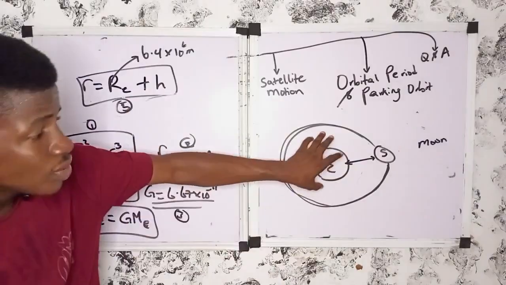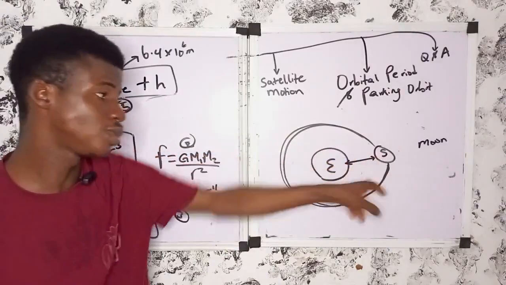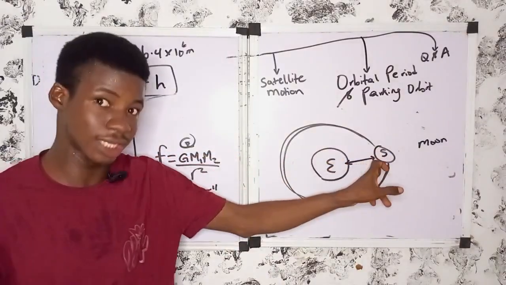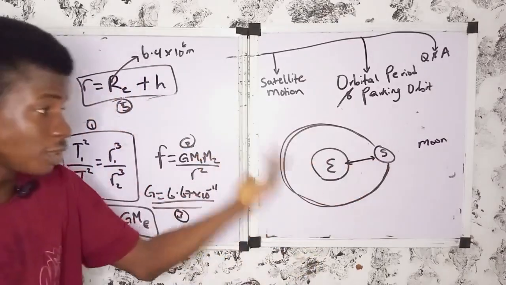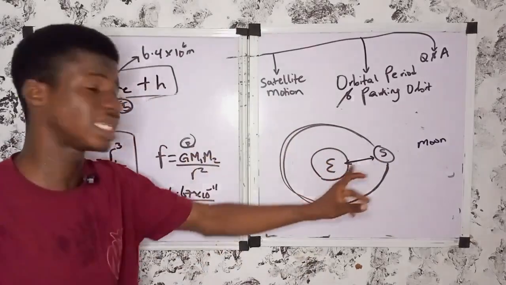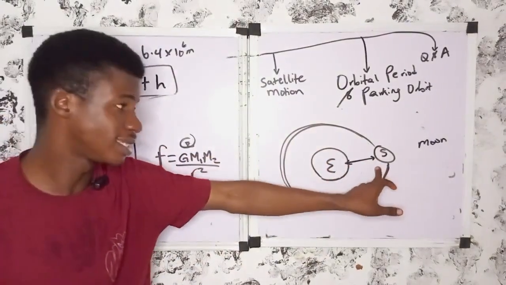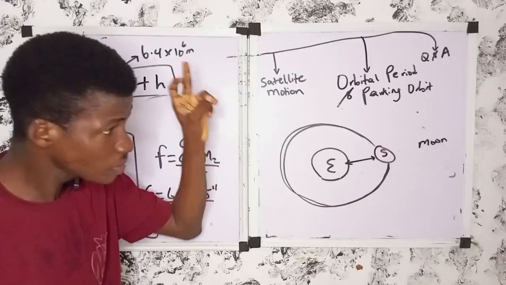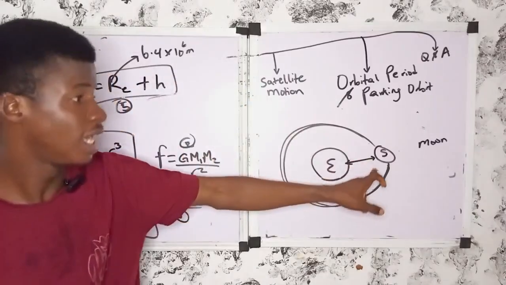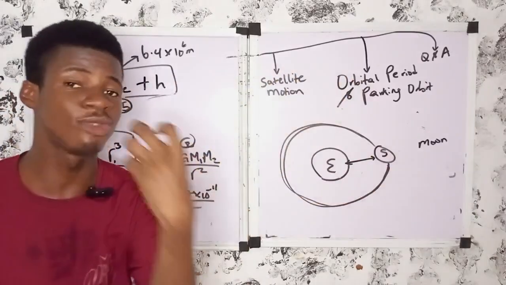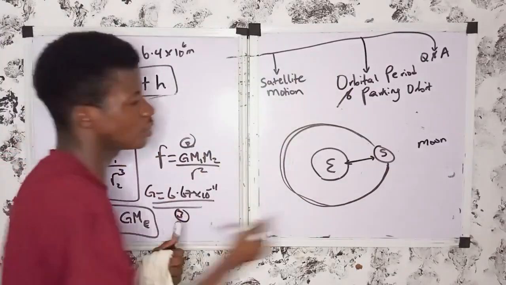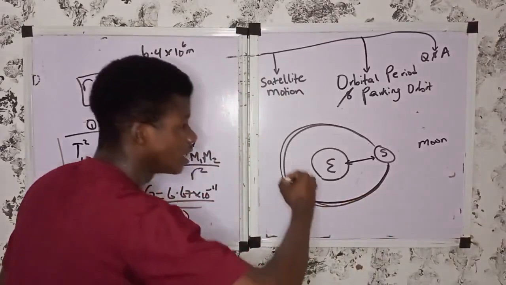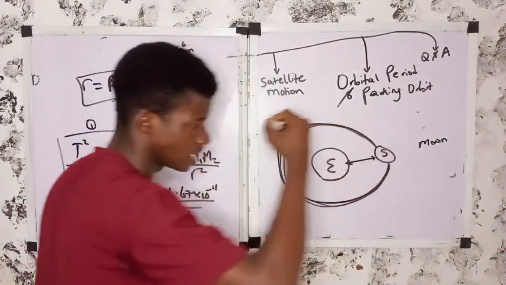Now there's usually a force of attraction between the Earth and the satellite. There's a gravitational force of attraction between the Earth and the object. Remember, satellites revolve around the Earth, right?